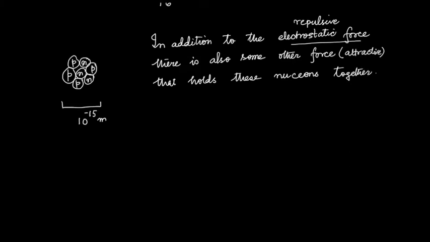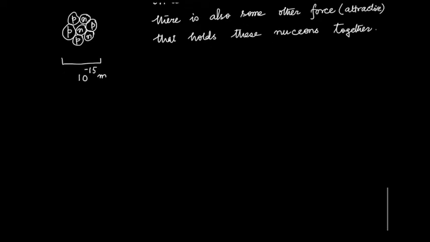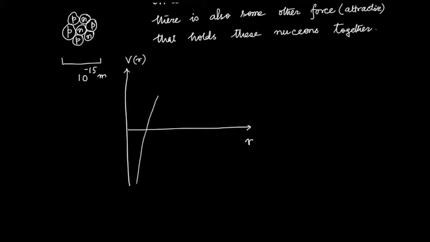An attractive force always needs a negative potential. So one potential that was suggested for such a system looks like this. What I'm plotting here is the distance from the center of the nucleus, and this is the potential. The potential looks like this. So what is the idea?